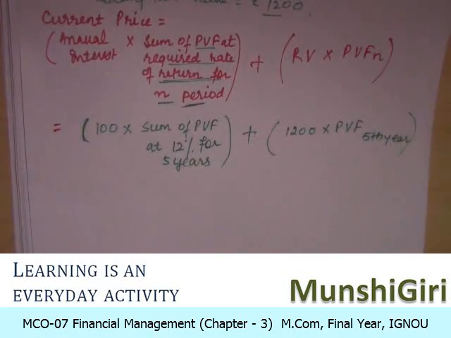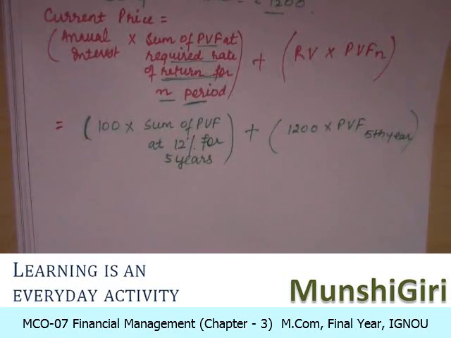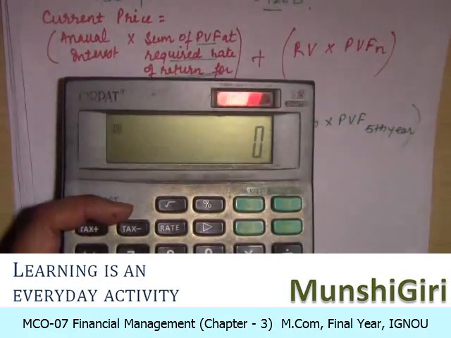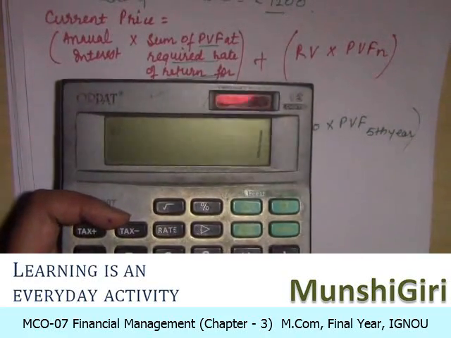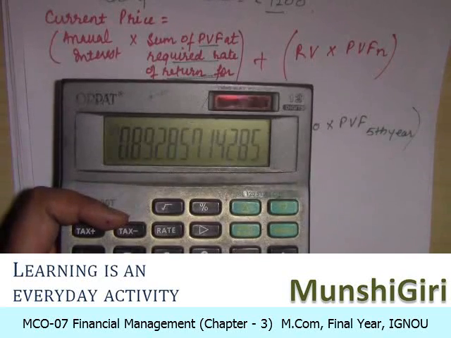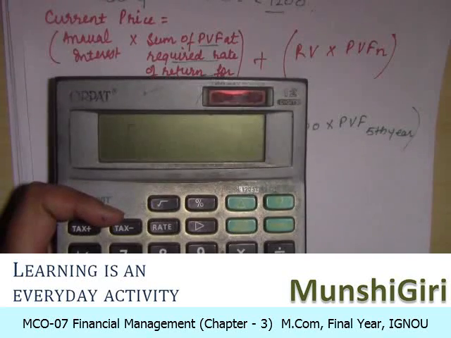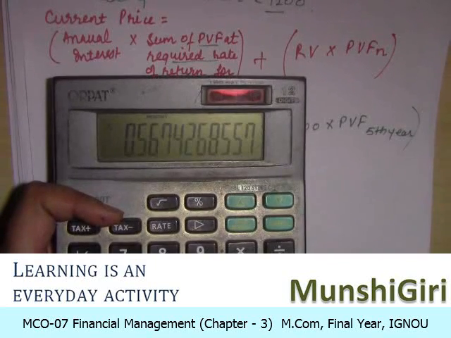Sum of PVF at 12% for 5 years. Let's calculate this first, the same way that we had calculated for 10%. 1 divided by 1.12 equals, memory plus, first year, second, third, fourth and 5th year.